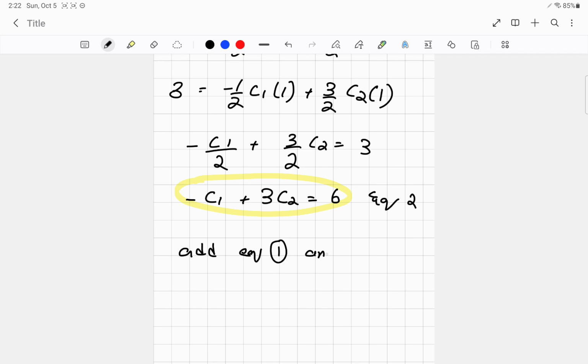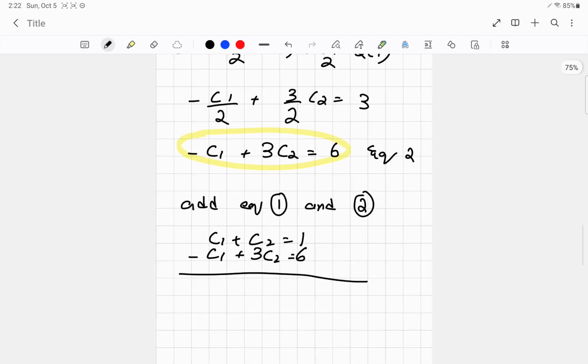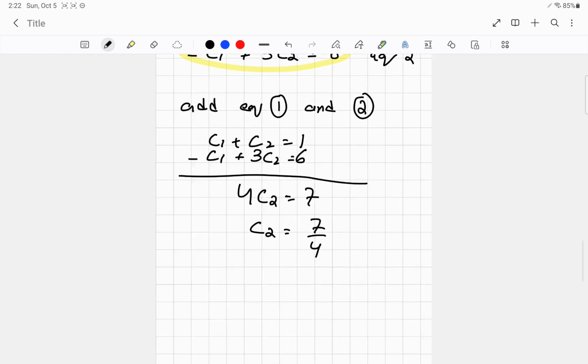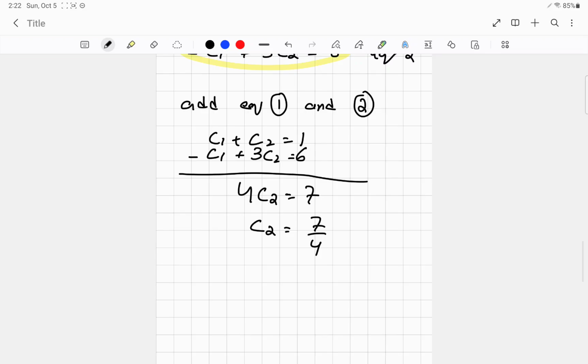So my first equation was c1 plus c2 equals 1, and the second equation is negative c1 plus 3c2 equals 6. By simply adding them, c1 will cancel out, and that will become 4c2 equals 7, and dividing both sides by 4, our c2 is 7 by 4.